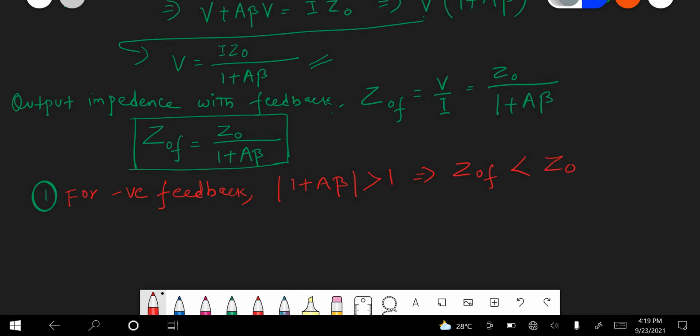That means the output impedance with feedback will be less than the case when there is no feedback. Okay, that is, output impedance will decrease with feedback.